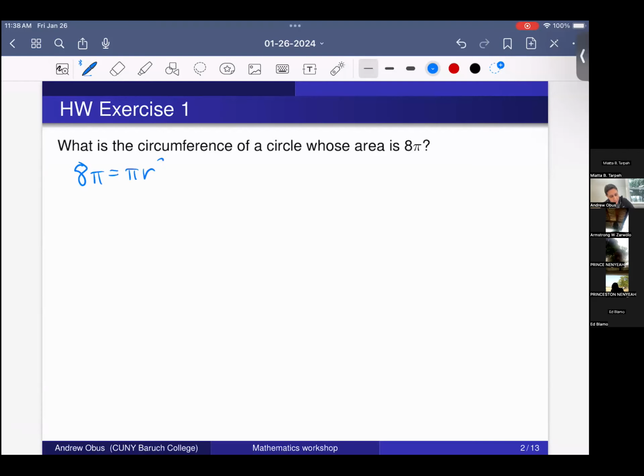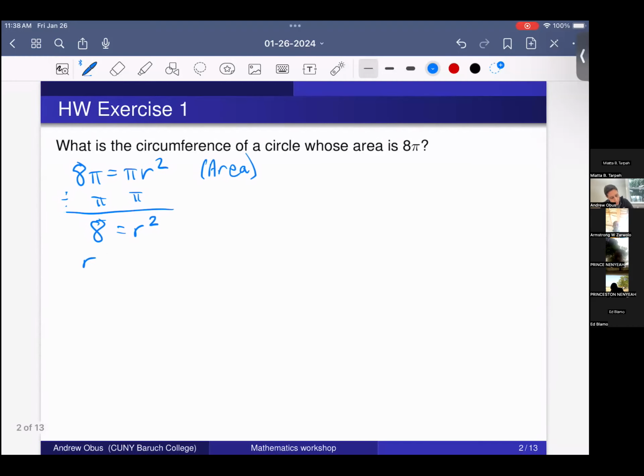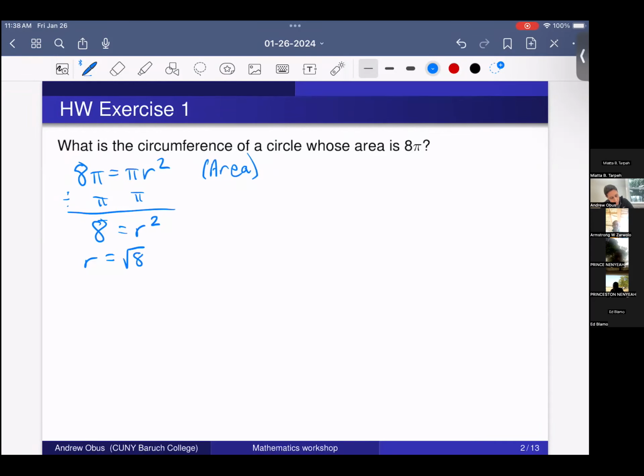Divide both sides by pi. So 8 equals r squared, and we take the square root, so r is the square root of 8.